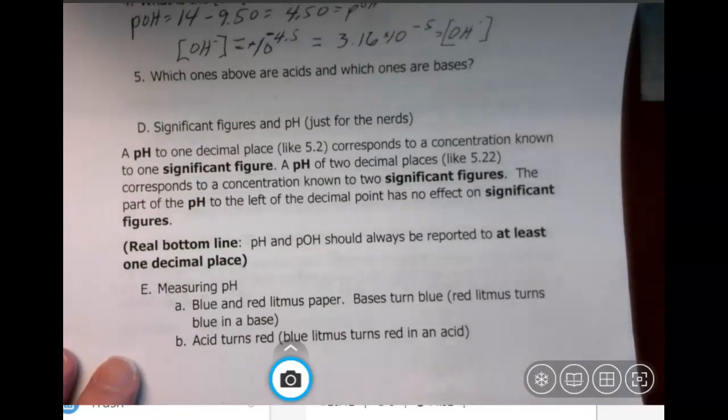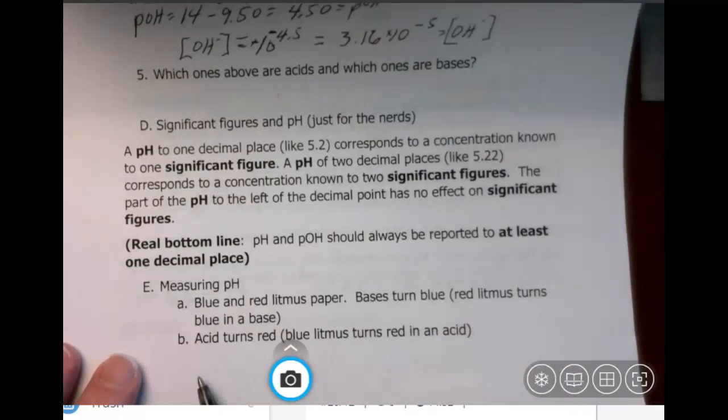But if you take a piece of red litmus paper and you stick it into a base, it will turn blue. So I just remember, base turns blue. Red litmus paper turns blue in a base. And then litmus paper also comes in blue. If you put it in acid, it will turn red.